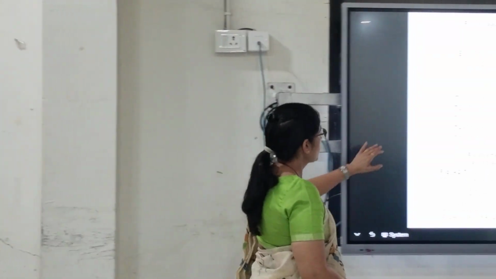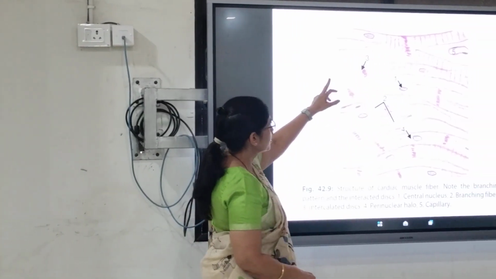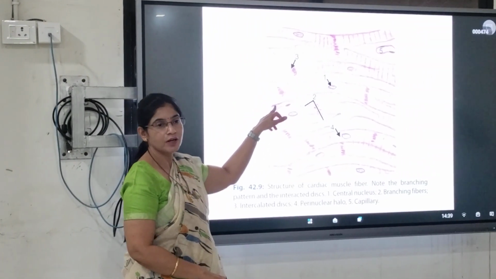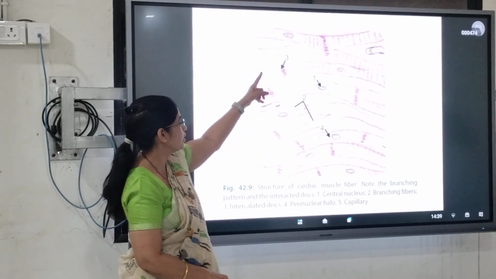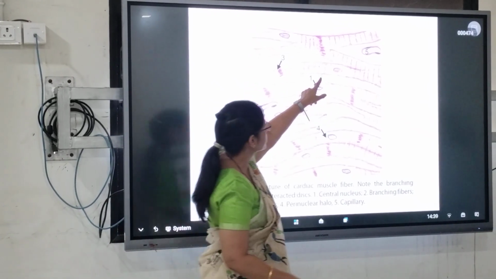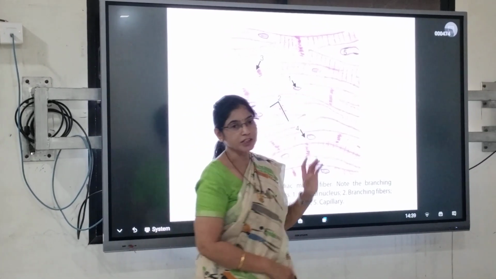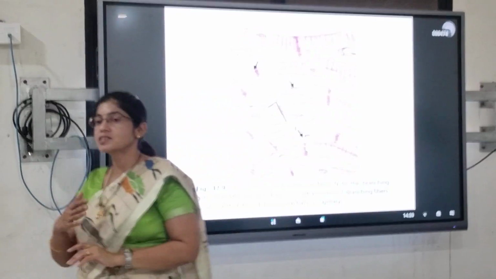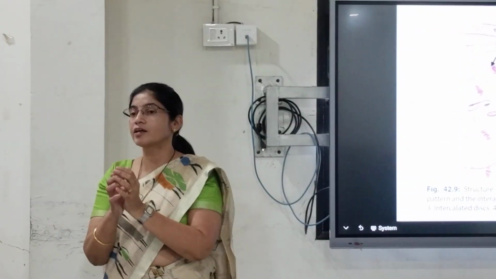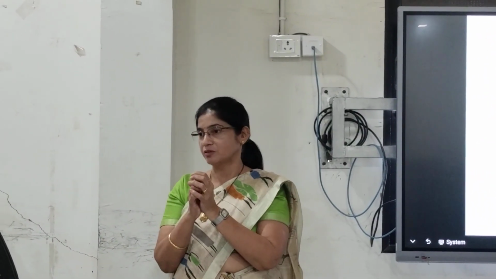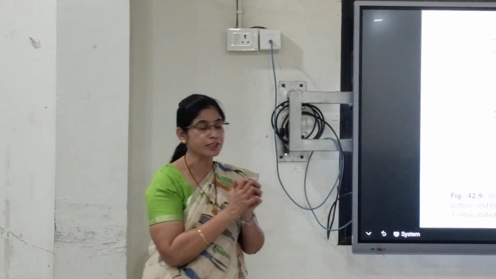This is happening because of the arrangement of these cardiac muscles, because of the intercalated discs and the low resistance gap junctions. So it acts as a syncytium. This whole organ acts as a single unit. That is called a syncytium.